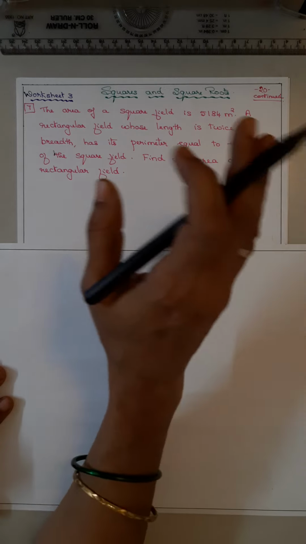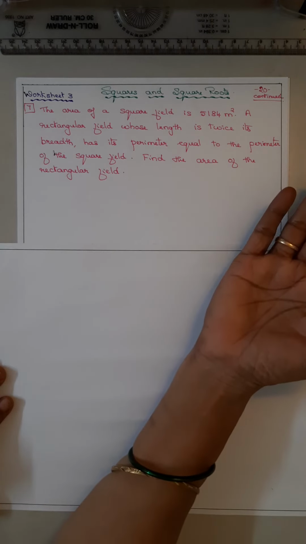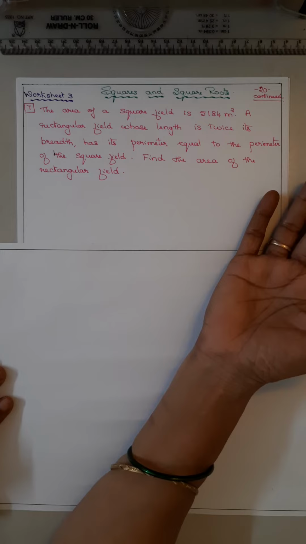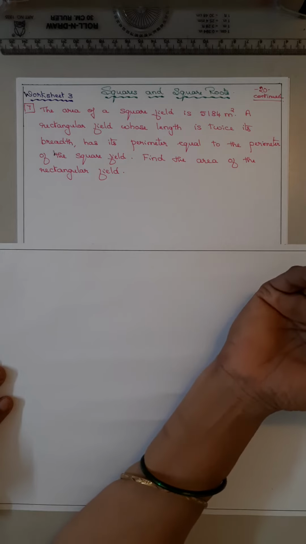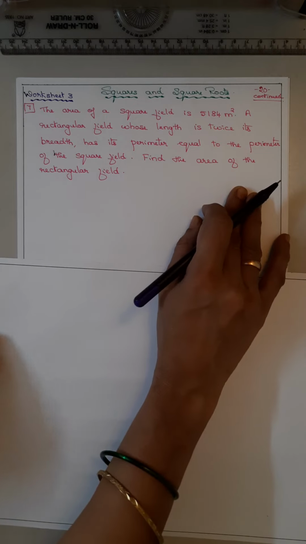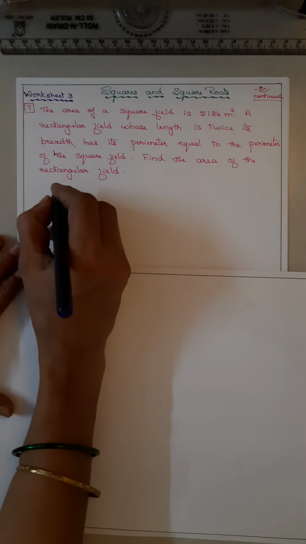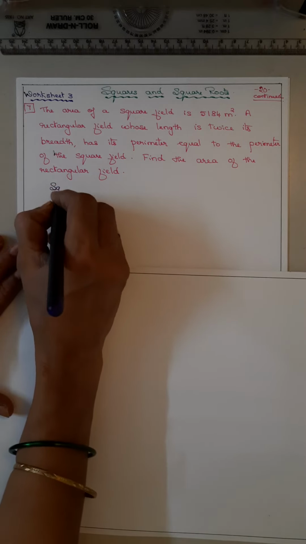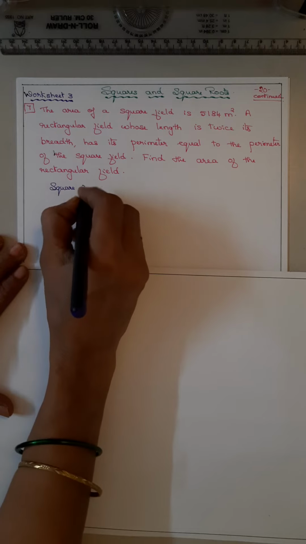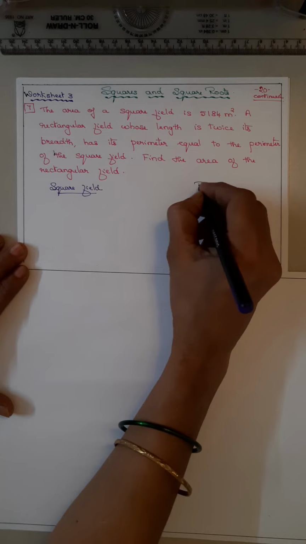And they have told that the perimeter of the square field is equal to the perimeter of the rectangular field. They have asked to find out the area of the rectangular field. Now, we'll write the two side by side. First, it is a square field. And here, it is a rectangular field.